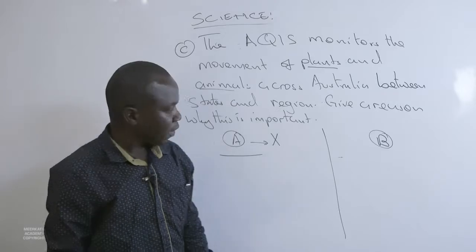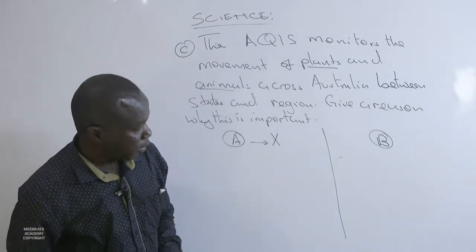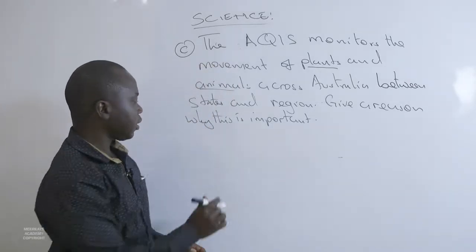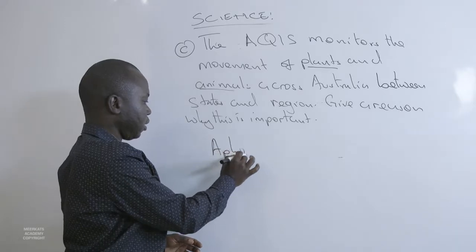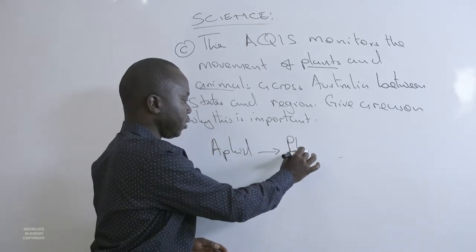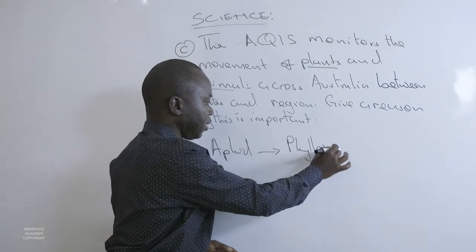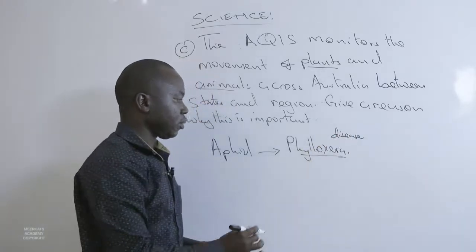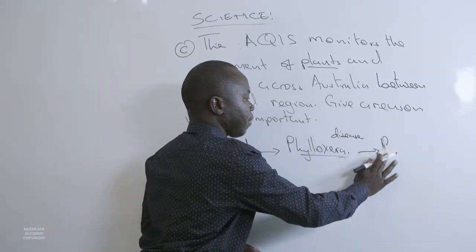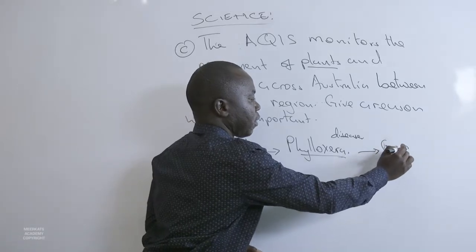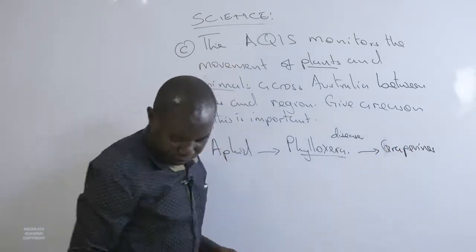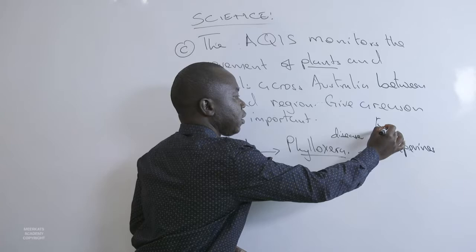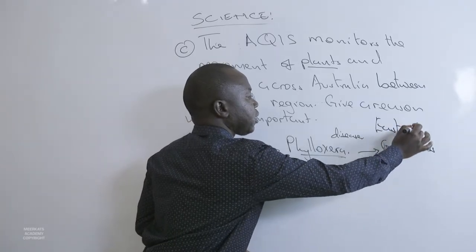For instance, we have the aphid that carries a disease called phylloxera, or causes this disease to grapevines, specifically in Eastern Australia. So this disease is found in Eastern Australia.